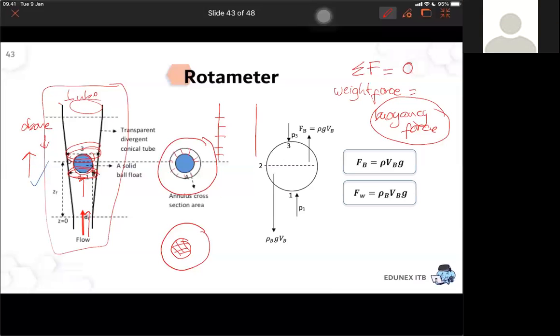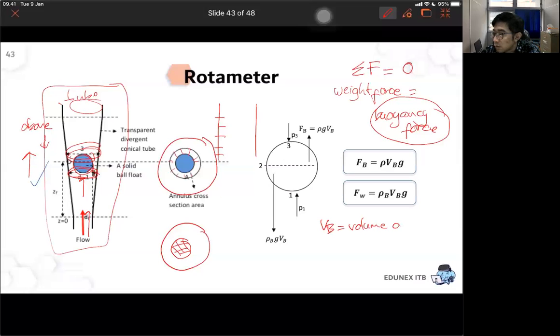Sir, in the formula of the buoyancy there, it's rho g VB. What's VB again, sir? Is it the volume of the ball? Yeah. VB is volume of the ball. This one is density of gas or density of fluid, right?